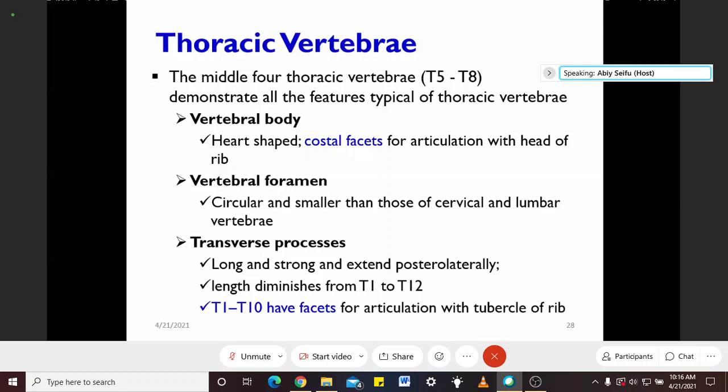Specifically, this facet is found for the ribs up to T10, but T11 and T12 have no costal facet on their transverse process.